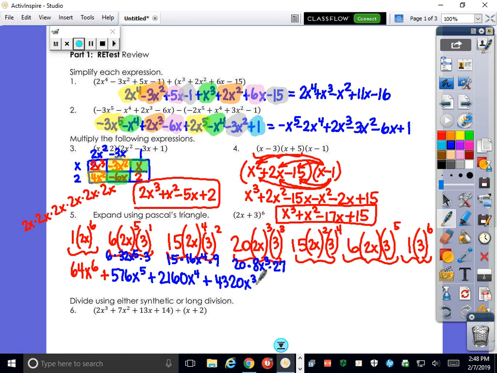4,320x^3. For this one, we've got 4x^2 times 3 to the 4th, which would be 81, times 15, which actually becomes 4,860x^2. Over here we have 2x, so this is 6 times 2x, and then 3 to the 5th is actually 243.